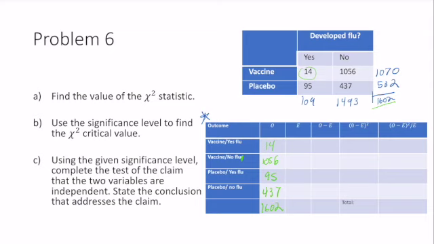The next thing we need to calculate is our expected value. Friendly reminder, our expected value is our row total times our column total divided by our grand total. So for our first one, I'm going to demonstrate for vaccine and flu.